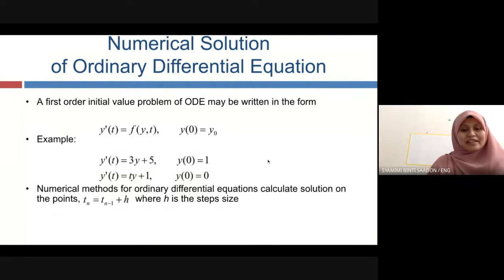In an initial value problem, we are given the value of y at the starting point. Normally the starting point is when t equals 0 seconds, but it can be 2 minutes, 5 minutes, 10 seconds, or 30 seconds, depending on the problem. Generally the initial point will be t at 0 seconds. We write it as y0, meaning y at the initial point.